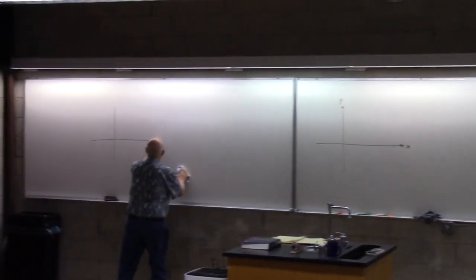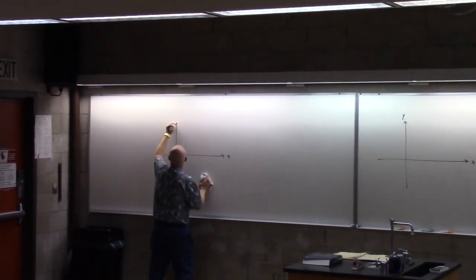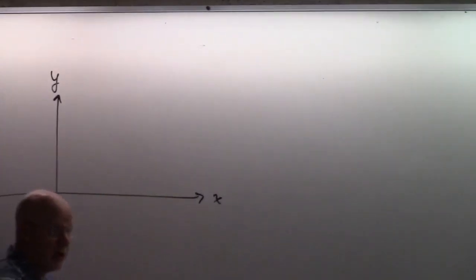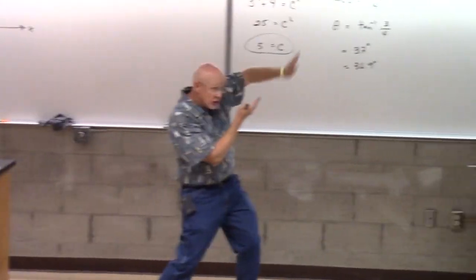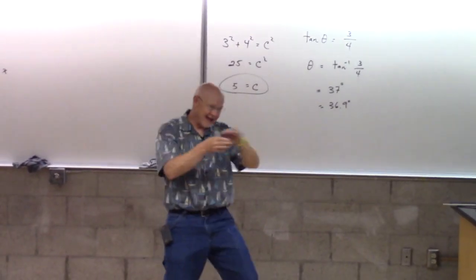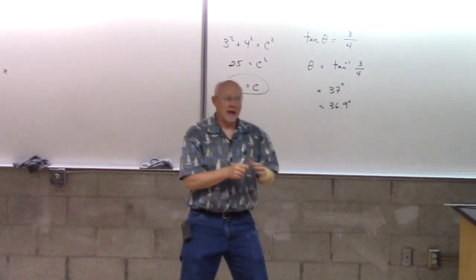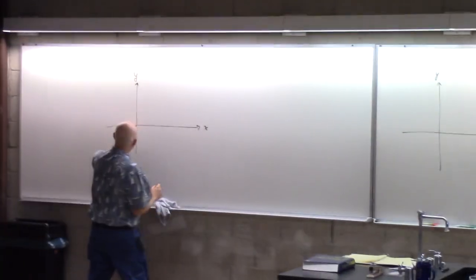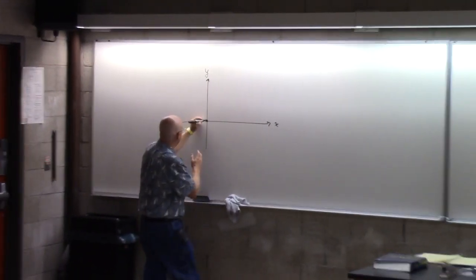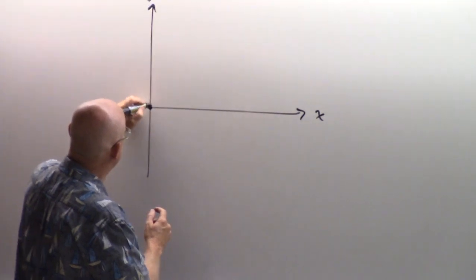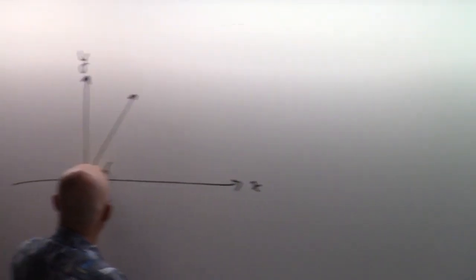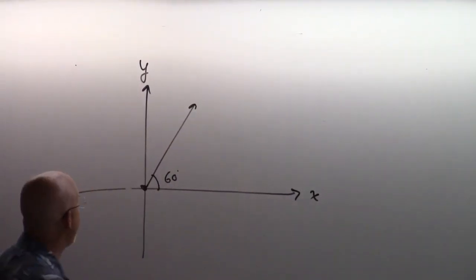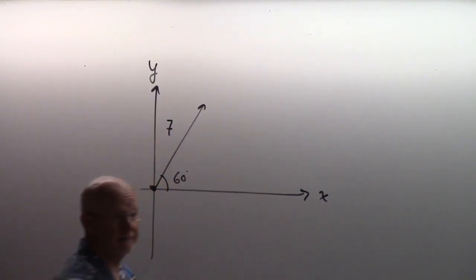What I'm trying to say is you could think of this little arrowhead as, and I erased it, a magnitude and a direction, or an X and Y. So let me say that I start in this corner, I turn 60 degrees, and I take 7 steps.